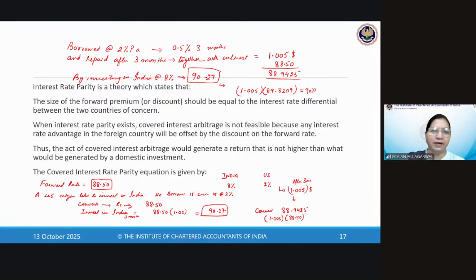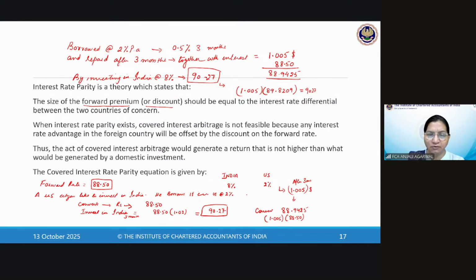So interest rate parity theory, I hope it is clear. It means the size of the forward premium or discount should be equal to the interest rate differential between the two countries of concern. When interest rate parity exists, covered interest arbitrage will not be possible because any gain or advantage in interest in the foreign country's currency will be offset by the discount on the forward rate.